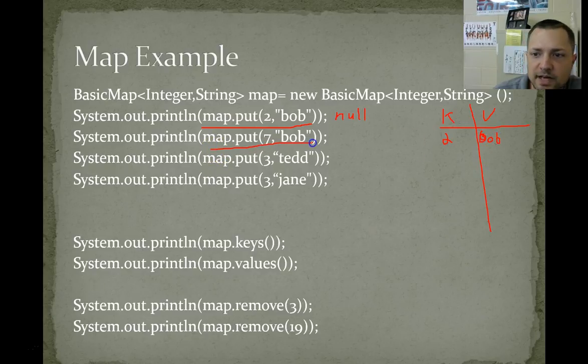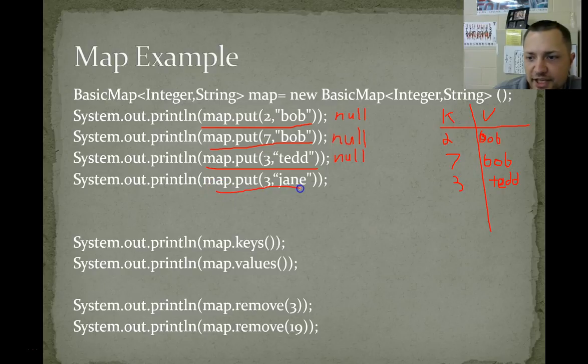Now I do 7 Bob. This key is unique, so I also store 7 Bob and 2 Bob. 3 Ted, so I go here, 3, Ted. Here I replaced nobody, so that's what gets printed.